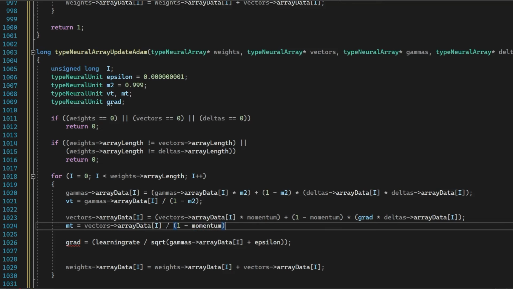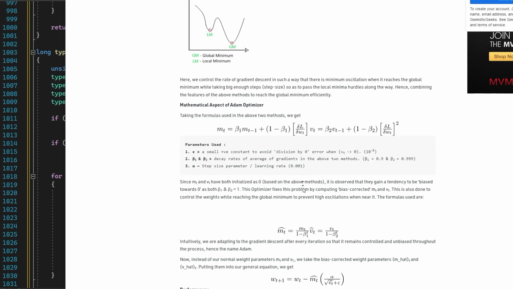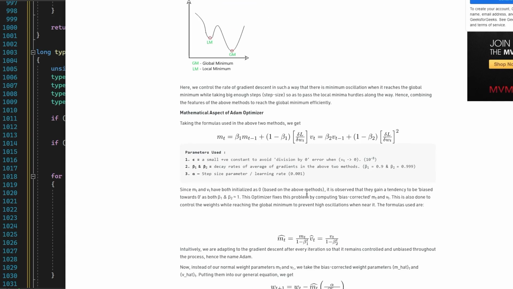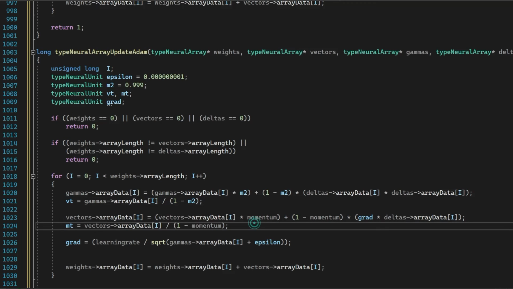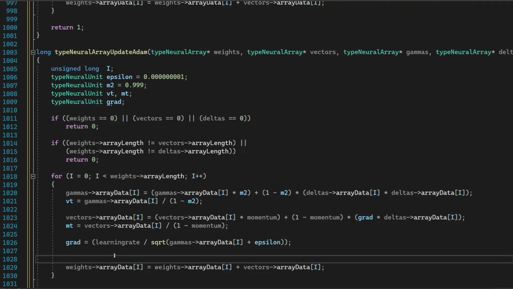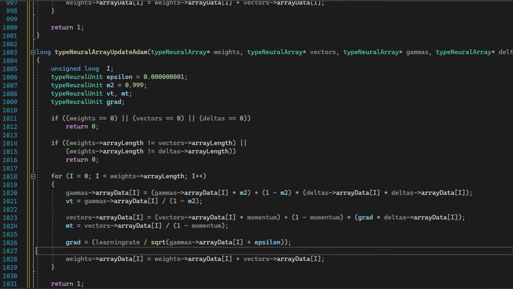So this right here is a correction, because it doesn't work the way it's, because it started at 0. That's what it says right here. I'm going to have to read up on this just to figure out what any of this means. Okay, 1 minus momentum. Okay, now we get to grad. Grad equals learning rate times the square root of gammas.